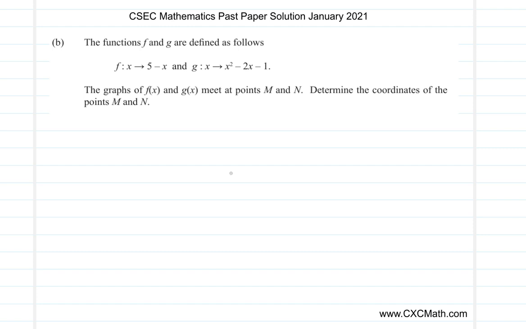It's going to be a parabola, because it is a graph of a quadratic equation. f of x is a linear equation, a straight line that you will get. And g of x is a graph of a quadratic equation, and that particular curve is called a parabola.